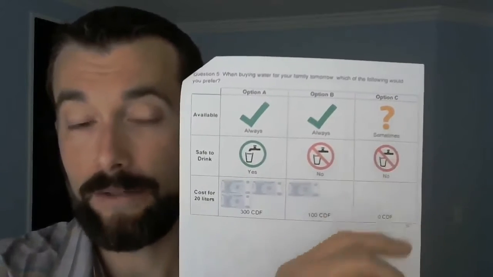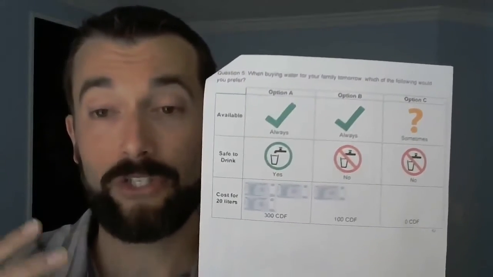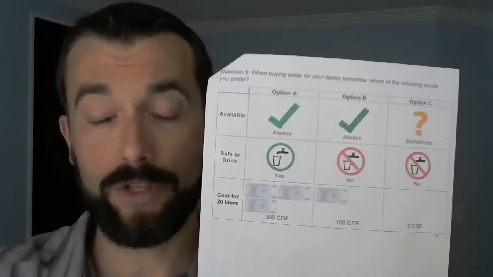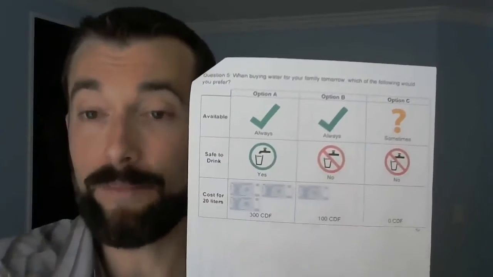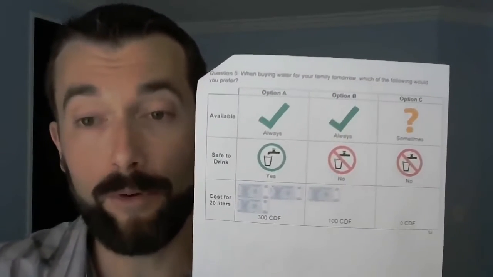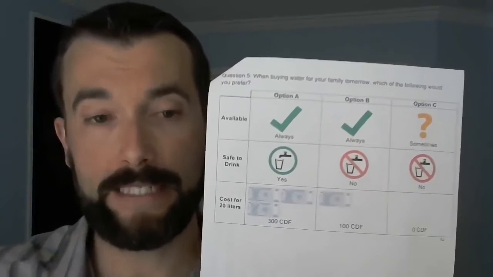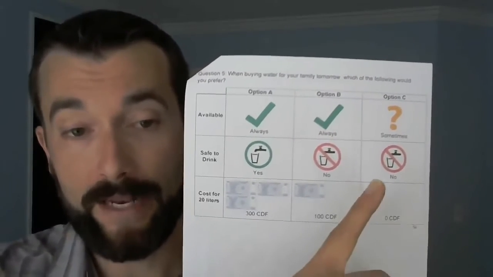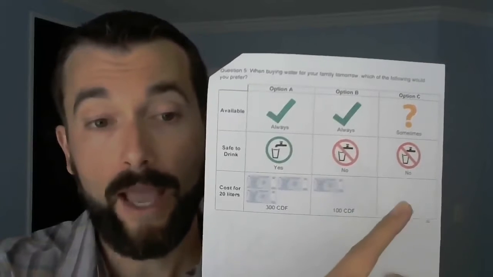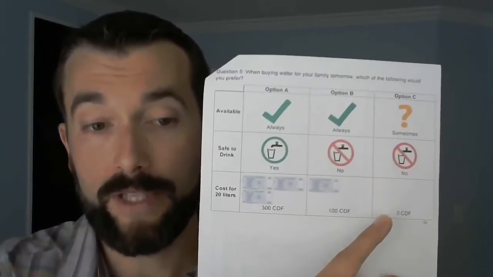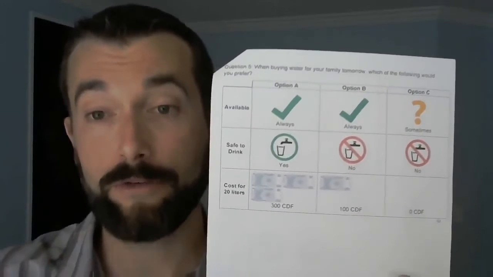And then option C, which you'll notice is always the same across all the different questions, and that's intentional. It is only sometimes available, so it's not a very reliable source of water. There's that uncertainty built in there. It has not been treated to be safely drunk. And the cost is 0 in that case, so that's a free source of water.